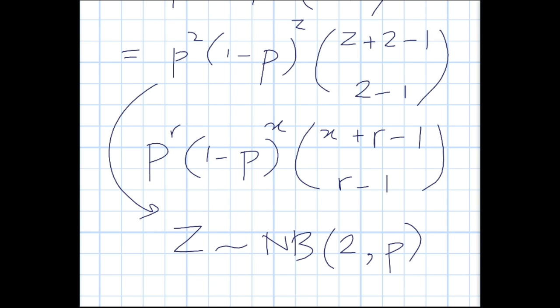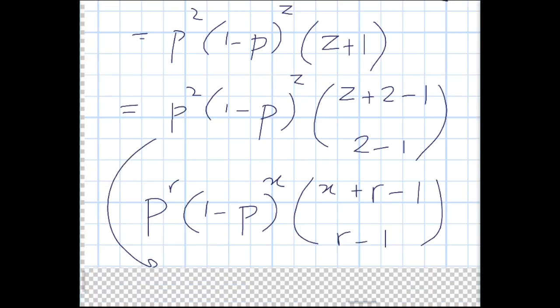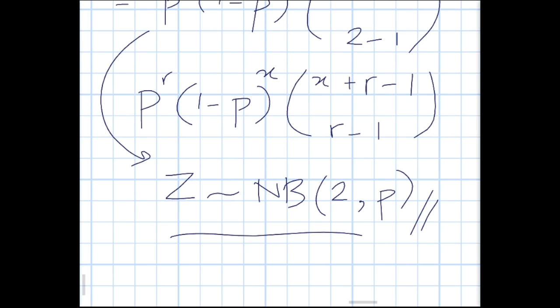So what we actually proved here is that a sum of geometric random variables is actually a specified form of negative binomial random variable. If we see the PMF of y, this is not exactly a negative binomial, but if we just transform it by translating it, subtracting 2 from it, then we actually see that this is a negative binomial random variable.